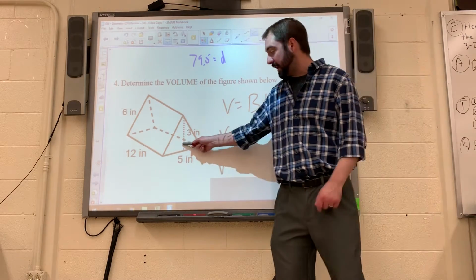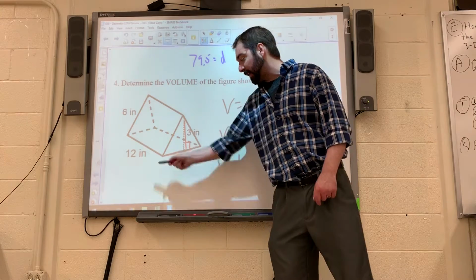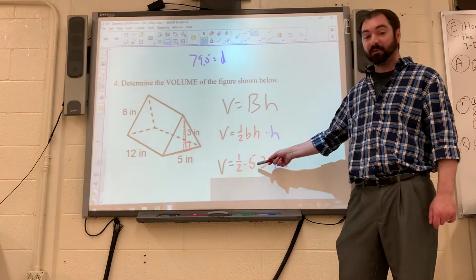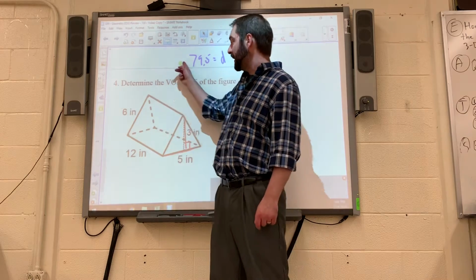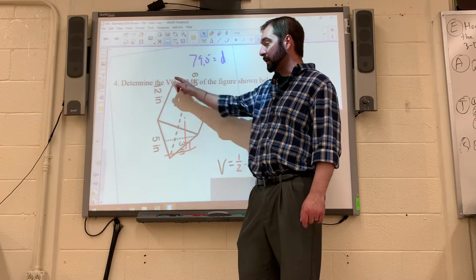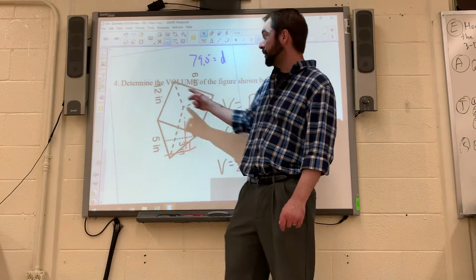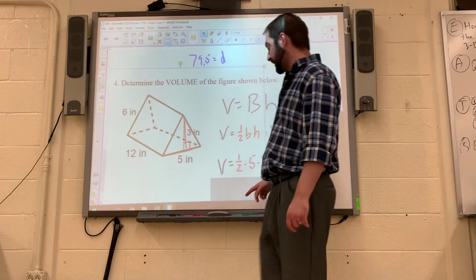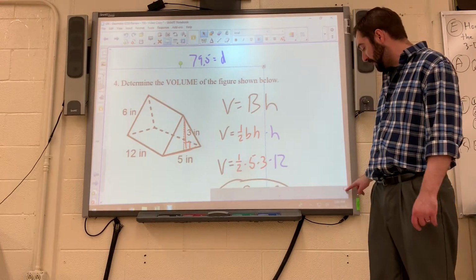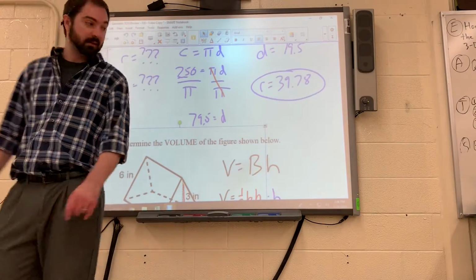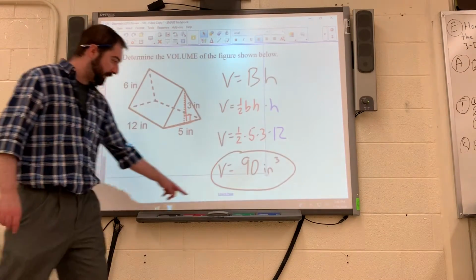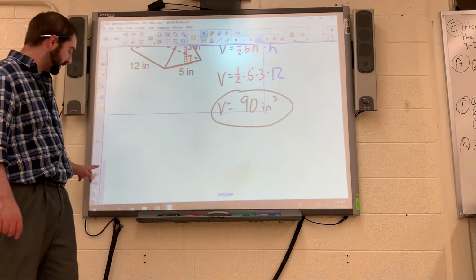Right here we have a right angle. That means we have a 3 by 5 base, so 1/2 times 5 times 3. And then remember, if you get confused, you stand it up nice, straight, and tall on its base, and you can clearly see the entire structure is 12 inches high, so I multiply that times 12, and I get a final answer of 90 cubic inches. 90 inches to the 3rd power, cubic inches, 90 cubic inches.